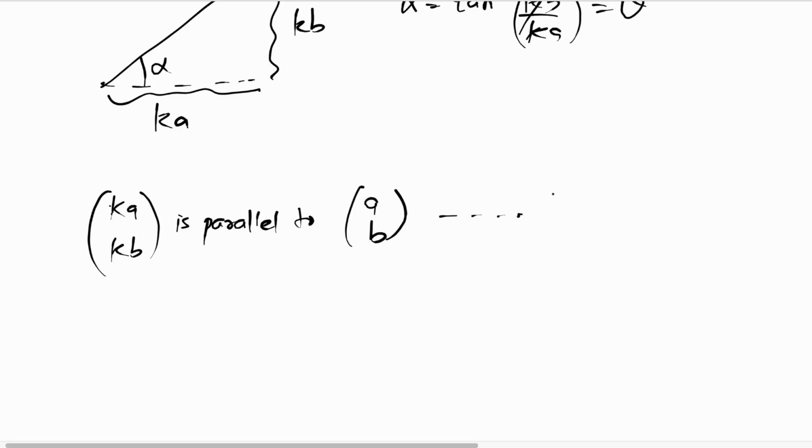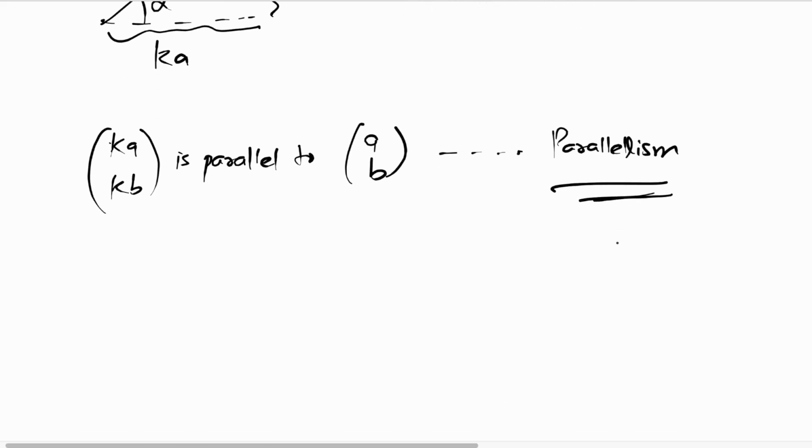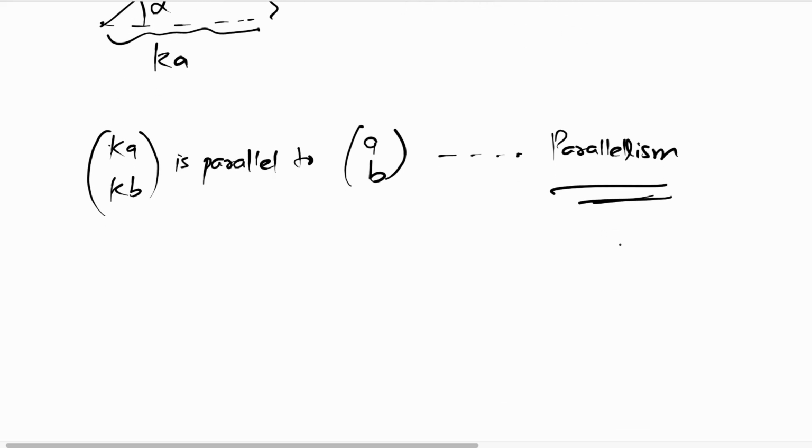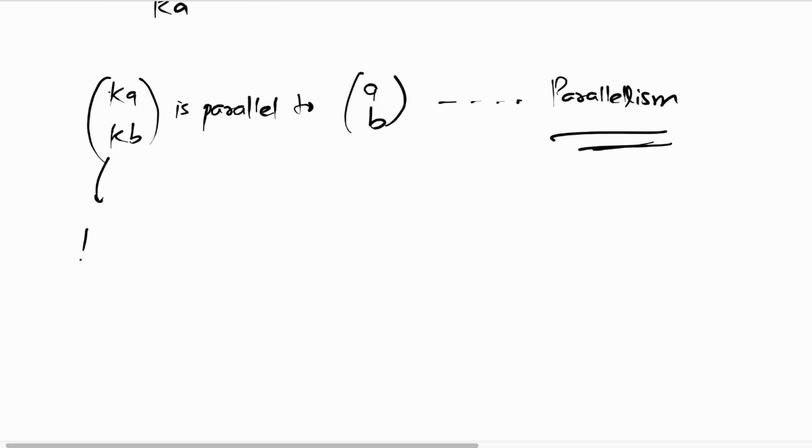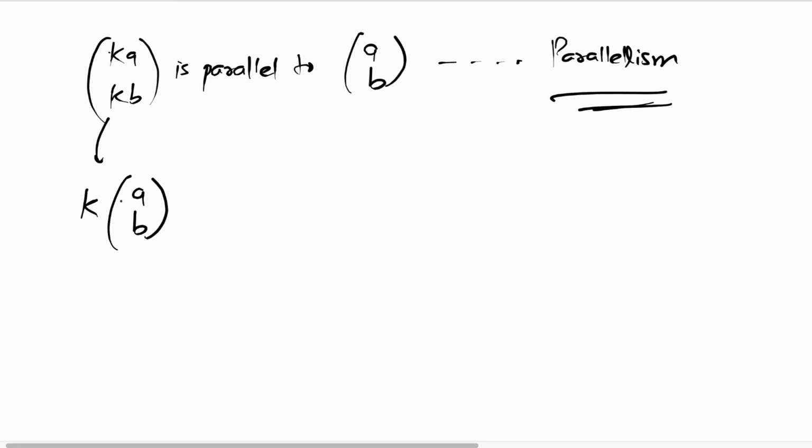And this is basically called the idea of parallelism. This is a very important tool which we'll be often using ahead in the chapter. This statement can be written as multiplying a vector with a constant k. Instead of individually showing that we are multiplying the x step and the y step by a constant k, we just show that we are multiplying the whole vector with a constant k.